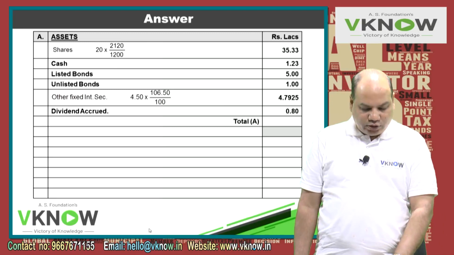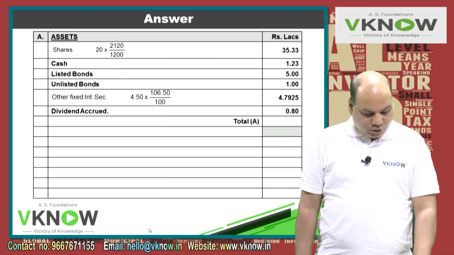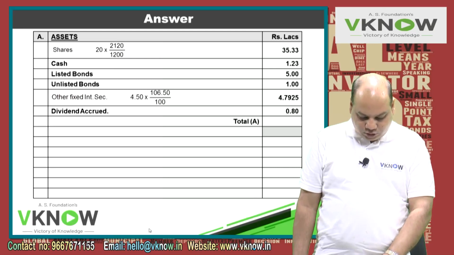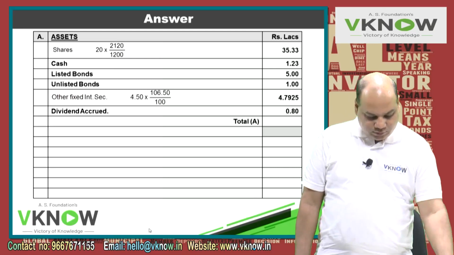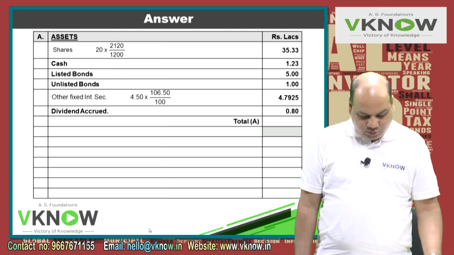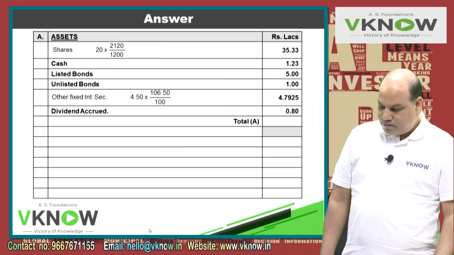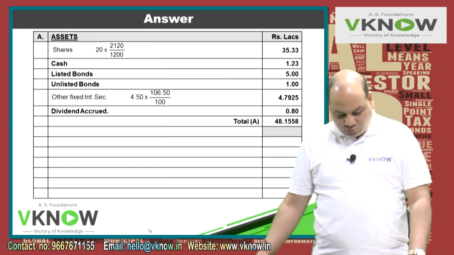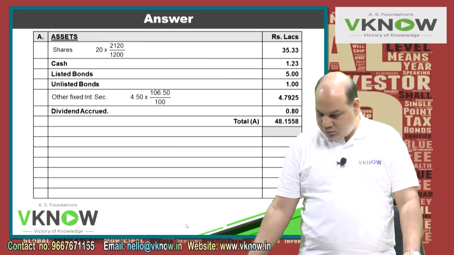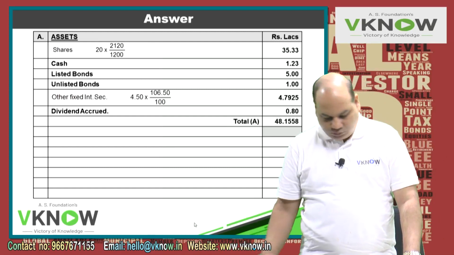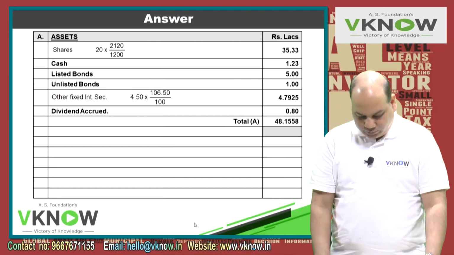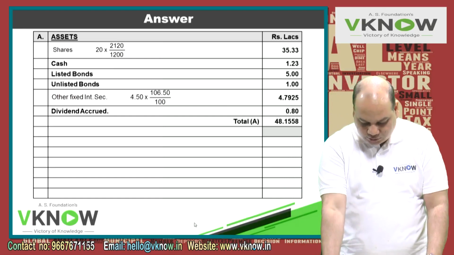Take total of these assets. Check how much you are getting. Are you getting 48.1558? Let me also check. Approximately check.